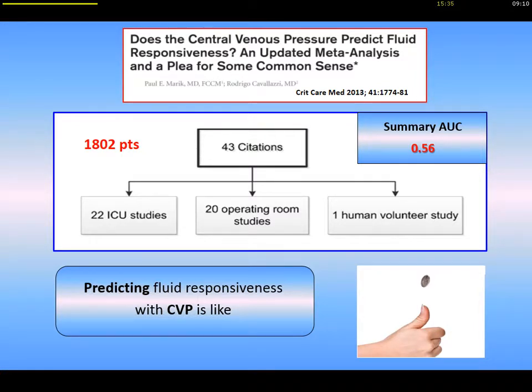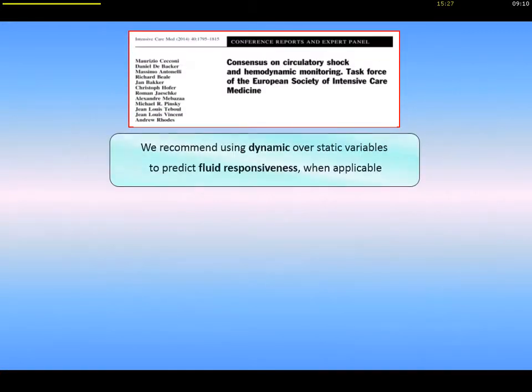This is why it is not recommended to predict fluid responsiveness by using a single value of CVP, and this is what this consensus conference paper said. Many of the authors of this paper are here on the podium, in the first row.